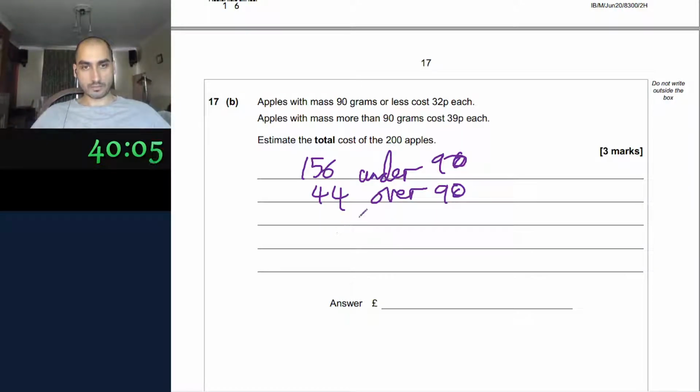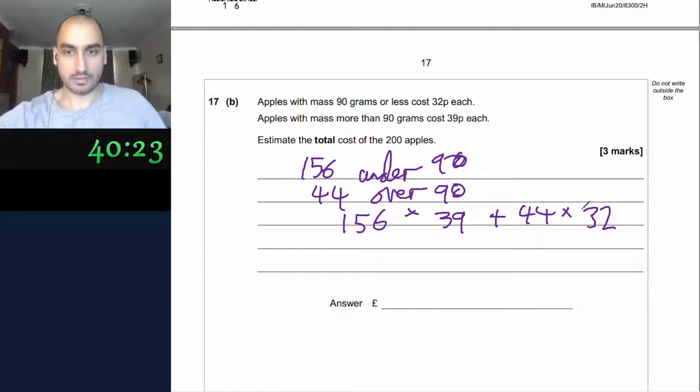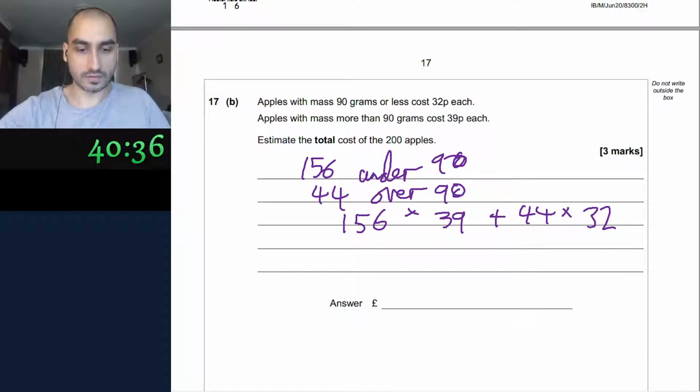So it would be 156 times 39 plus 44 times 32, and then convert to pounds. So 156 times 39 plus 44 times 32.